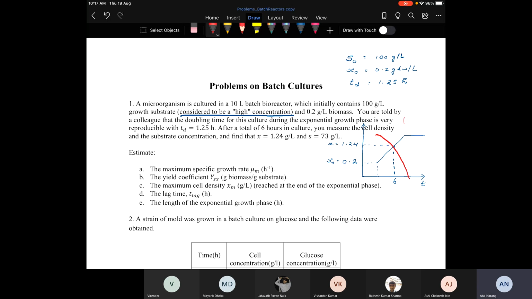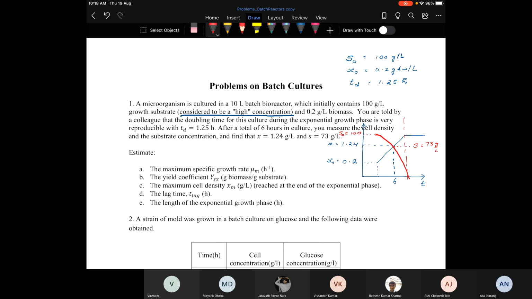And it ends at precisely the point where the stationary phase is reached. They are telling us that the substrate concentration was 100 grams. So S0 is equal to 100 here. And at time t equal to 6 hours, at this point, S is equal to 73 grams per liter.